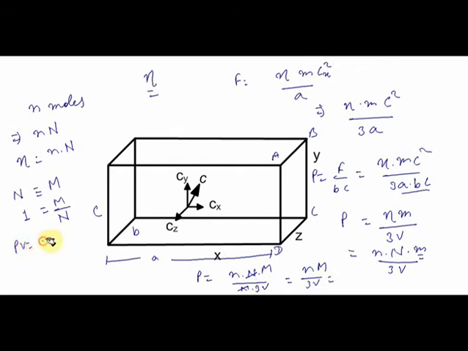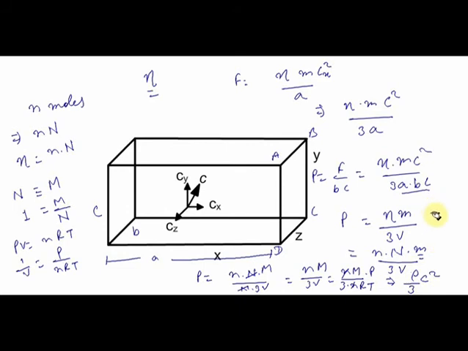Now the ideal gas equation says that PV is equal to nRT, or 1 by V is equal to P by nRT. So we can replace 1 by V with P by nRT, where P is the pressure. Now PM by RT is nothing but the density of the gas, that is rho.